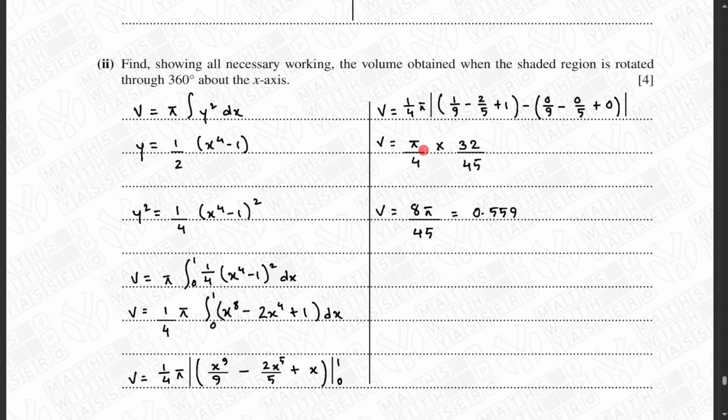Simplifying it, we get pi by 4 times 32 over 45. Simplifying it further, we get 8 pi over 45, which is 0.559.